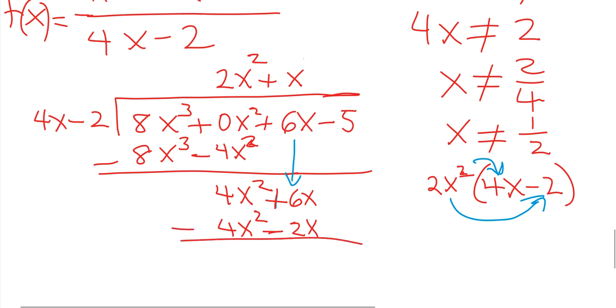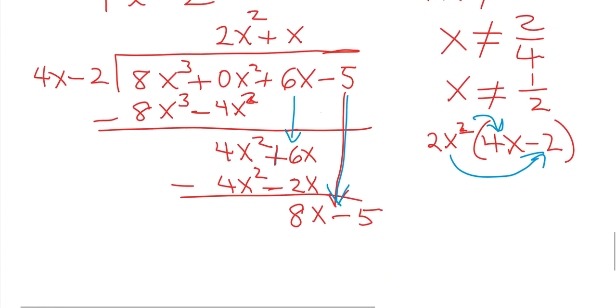And then I subtract. 4x squared minus 4x squared is nothing. 6x minus a minus 2x is 6x plus 2x, or 8x. And then I bring down my minus 5. So I write minus 5.